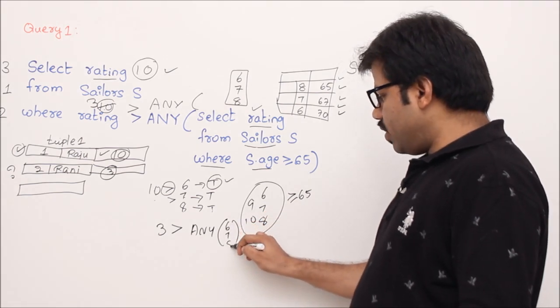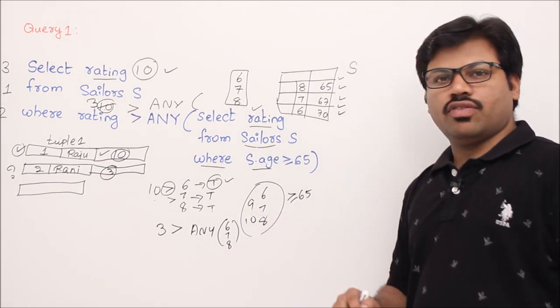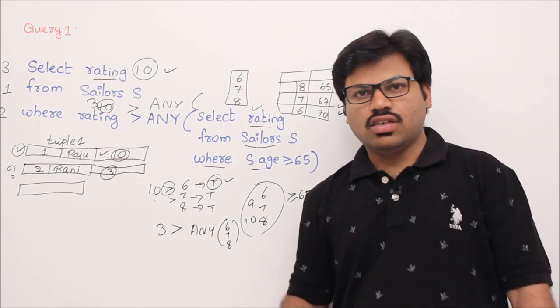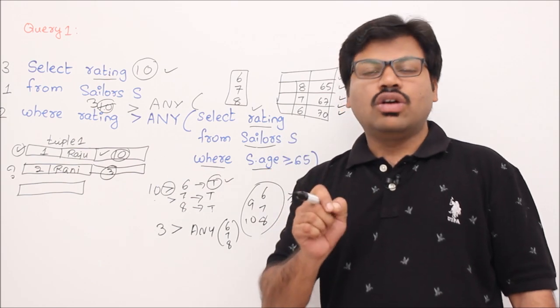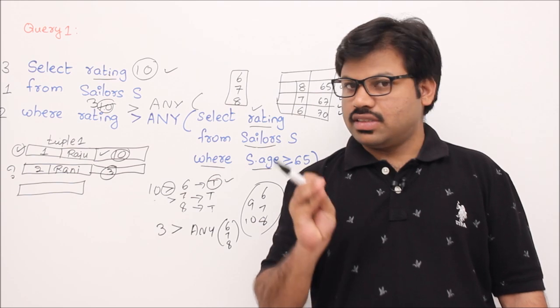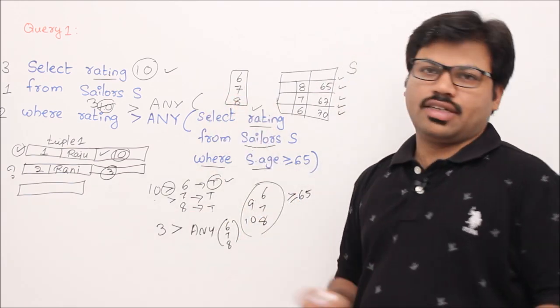They are older people's ratings, whose age is greater than or equal to 65. 3 greater than at least one of 6, 7, 8 is absolutely false. Then 3 will not be printed. Finally, the ratings which are greater than at least one person's rating whose age is greater than or equal to 65 will be printed. That's it.